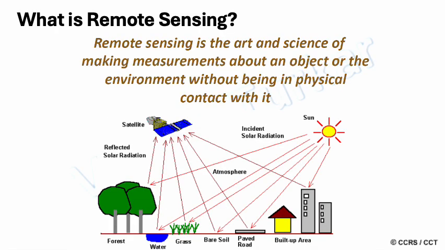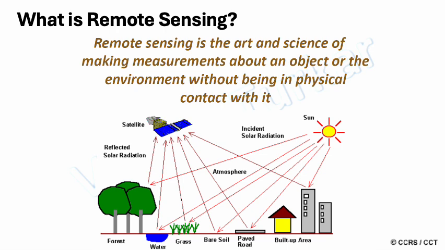So, what is remote sensing? Currently, you are watching my lecture on your monitor or on a mobile device. Your eyes are working as sensors which are not in physical contact with the monitor or mobile device, but still can sense the information and perceive it remotely.